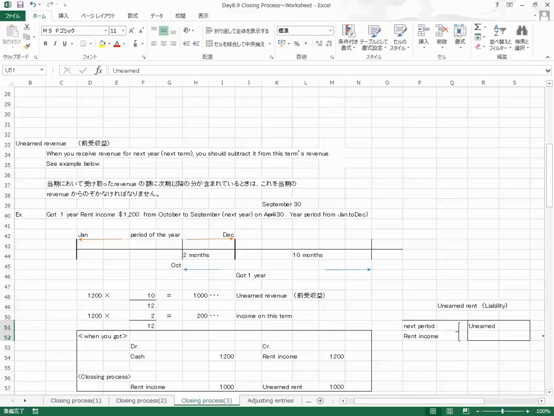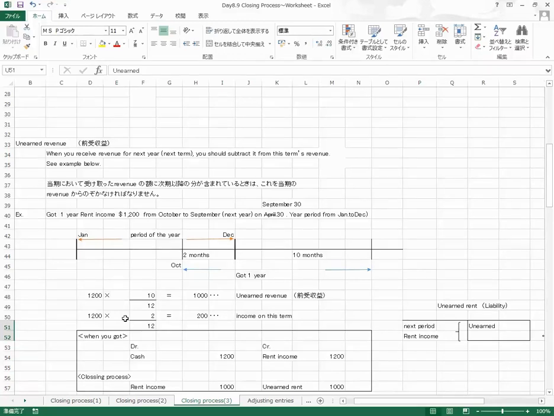In the case of the payment, it is prepaid, and in the case of the revenue, it is also prepaid, but the revenue is for the next year term.